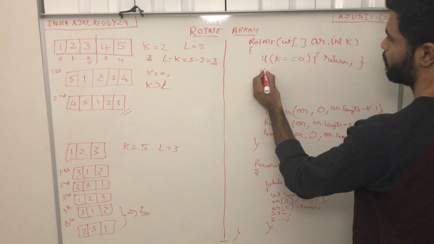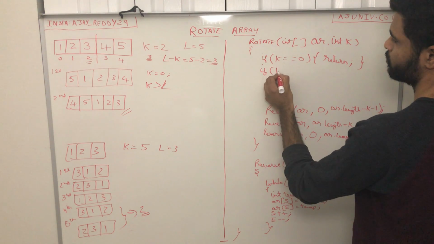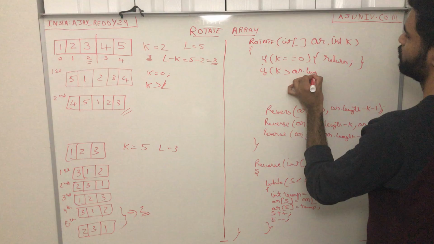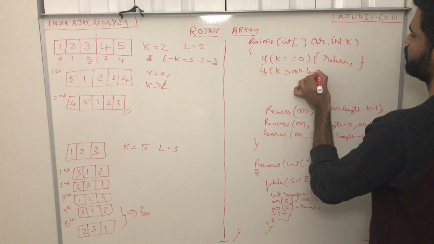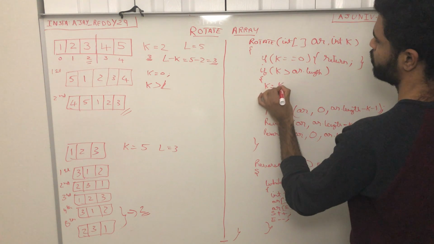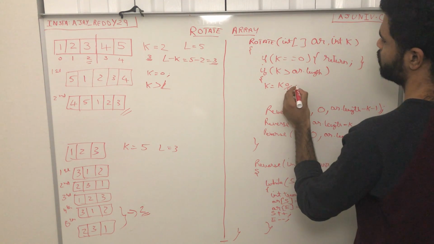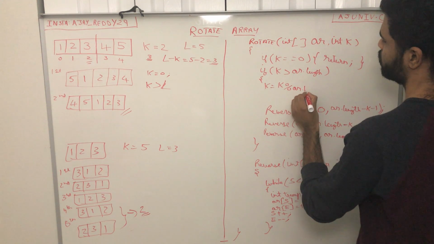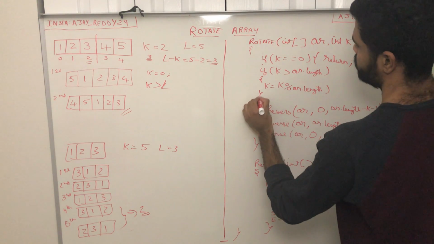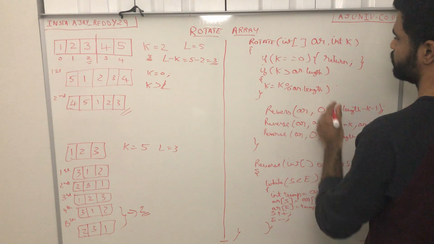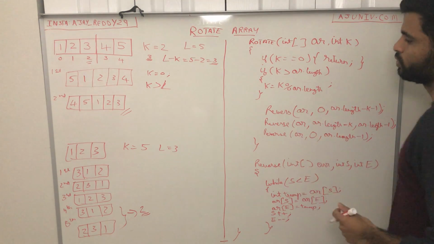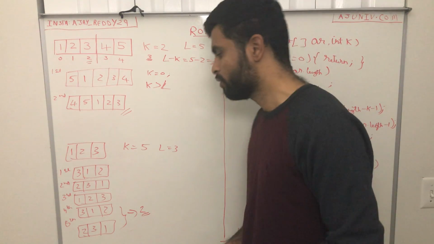If k is greater than arr.length, then I'm making k equal to k mod arr.length.